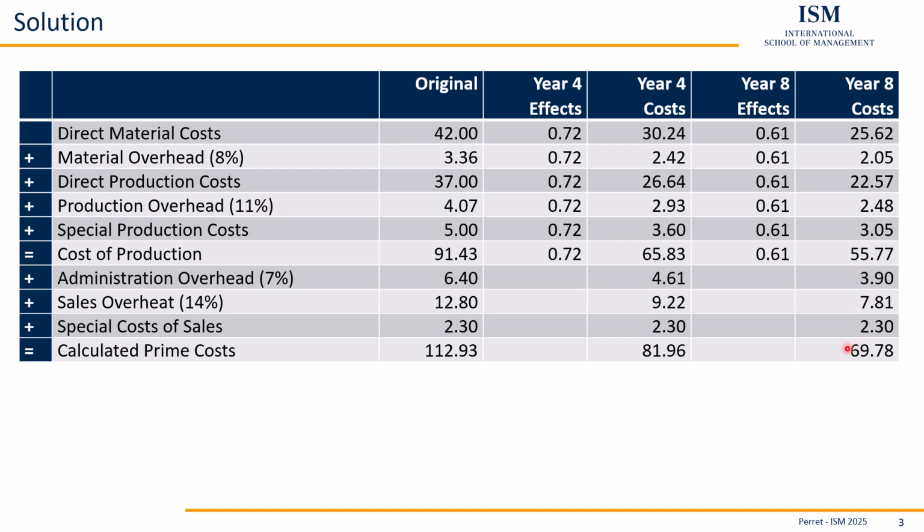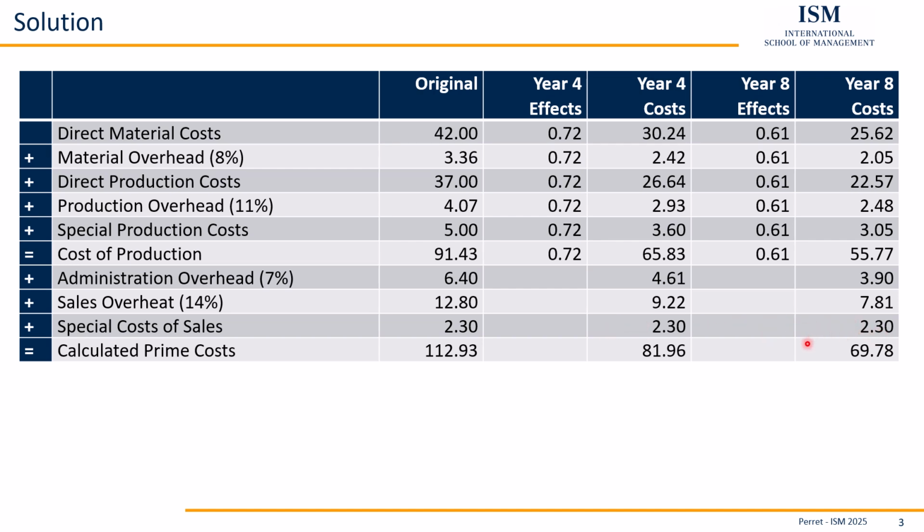Because for the prime costs, we only need the total cost of production, and since all the factors will change by the same factor, total cost of production will also reduce by this factor. Well, 7% of this administration overheads, 14% of this sales overheads, special costs of sales again remaining constant.